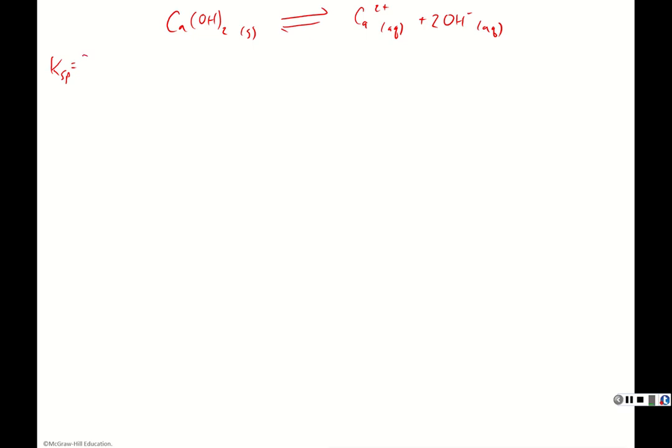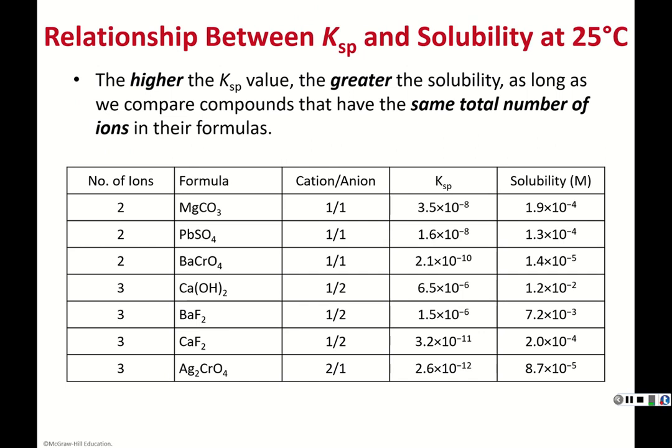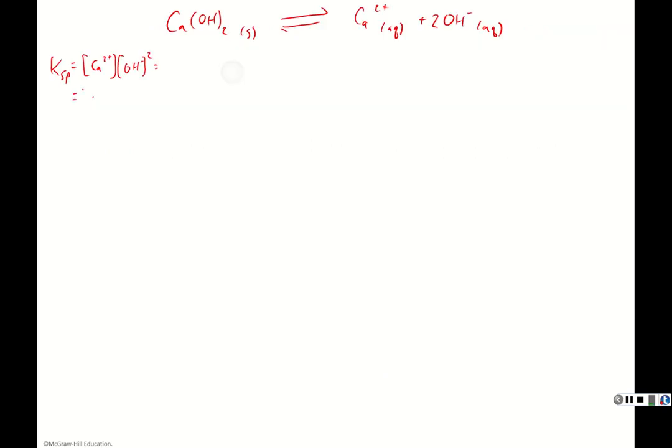That is going to be Ca2+ times OH- squared. Okay, and we know that equals 6.5 times 10 to the minus 6. Okay.